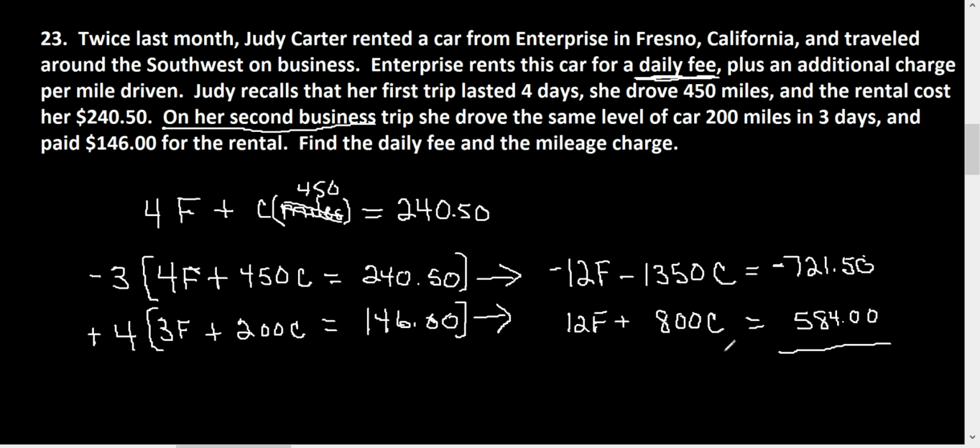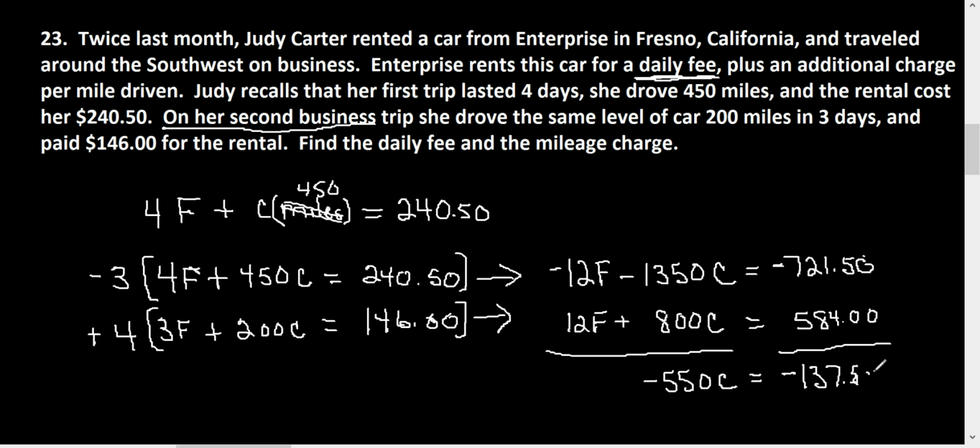And this is the system rewritten. So I've got opposite F's here, so that's 0. This is going to end up being negative 550C. That equals this, which is negative 137.50.